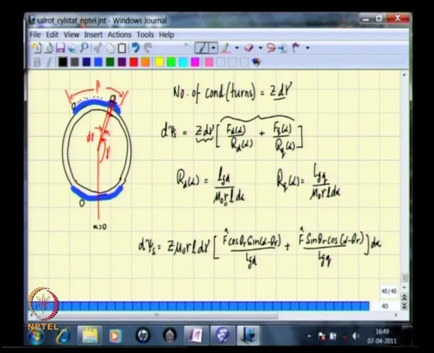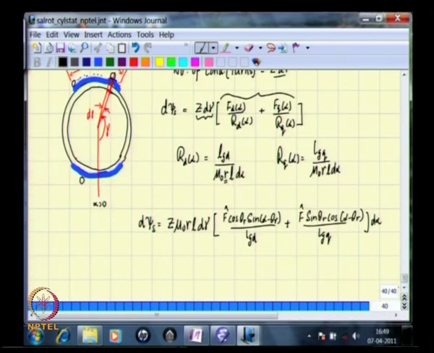This is our expression. Now, in order to find out the flux linkage of this elementary coil, you need to integrate this.